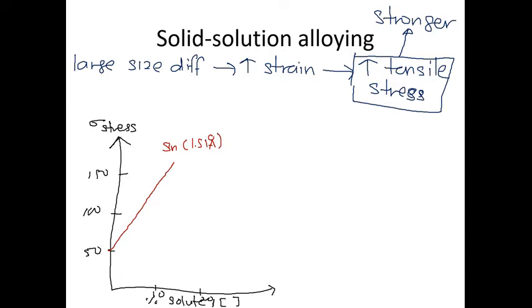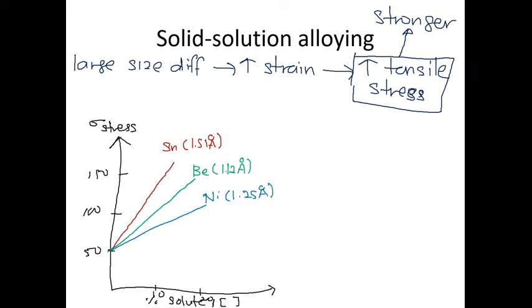and here we have beryllium, 1.12 Angstrom. The third element is nickel with an atomic radius of 1.25 Angstrom.